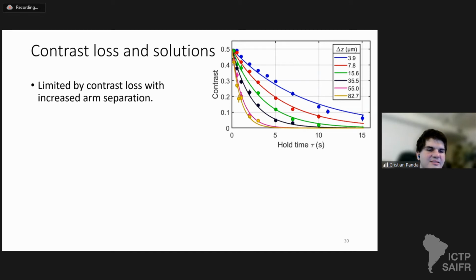What we see is that the coherence time decreases quickly as we increase the separation, as shown in this figure on the right side. The coherence time is reduced to only a few seconds if we increase the separation between the arms to the tens of microns range.